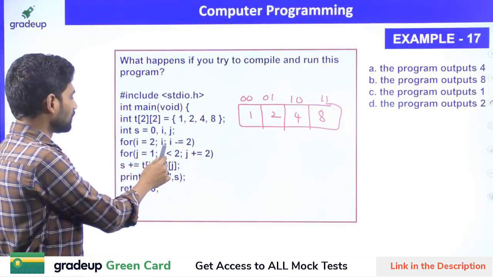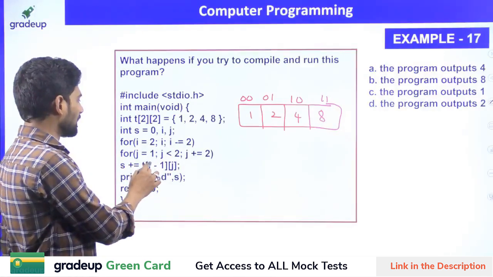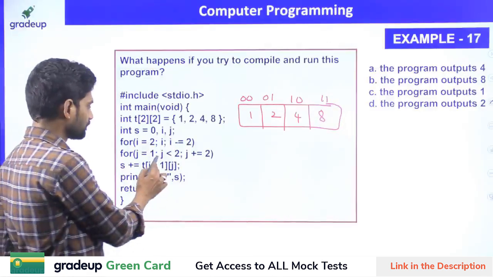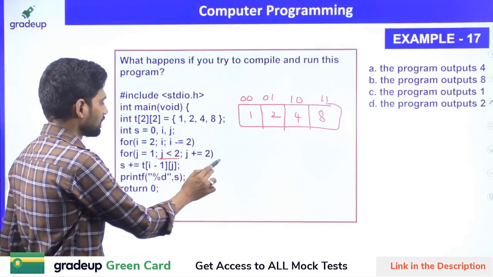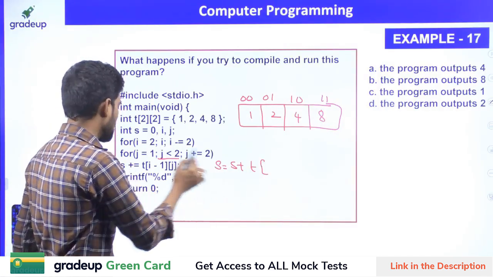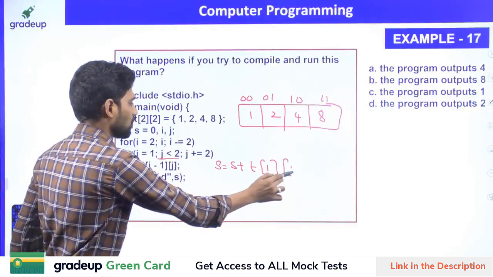For i = 2, i minus equal to 2. Okay, j = 1, j < 2, 1 < 2, true. Then s = s + t[i-1][j], 2 minus 1, 1, j 1.